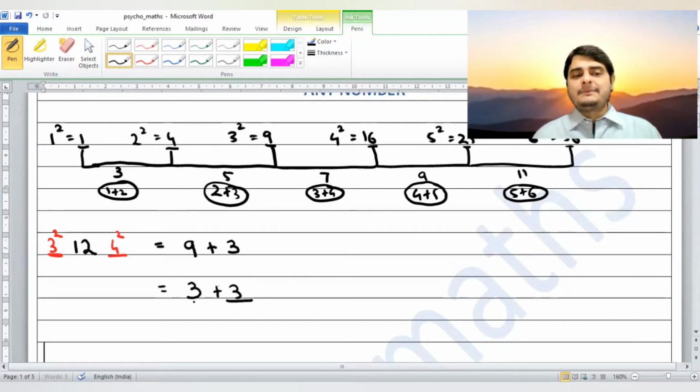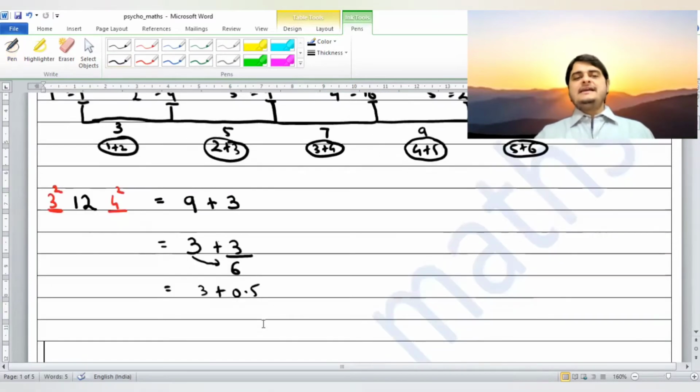Just double it and write it over here. So check, it is 3 plus 0.5. 3 plus 0.5 comes to 3.5.